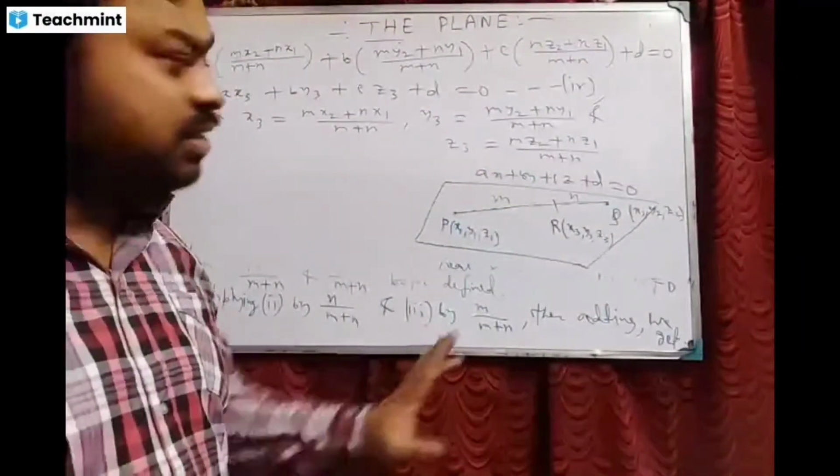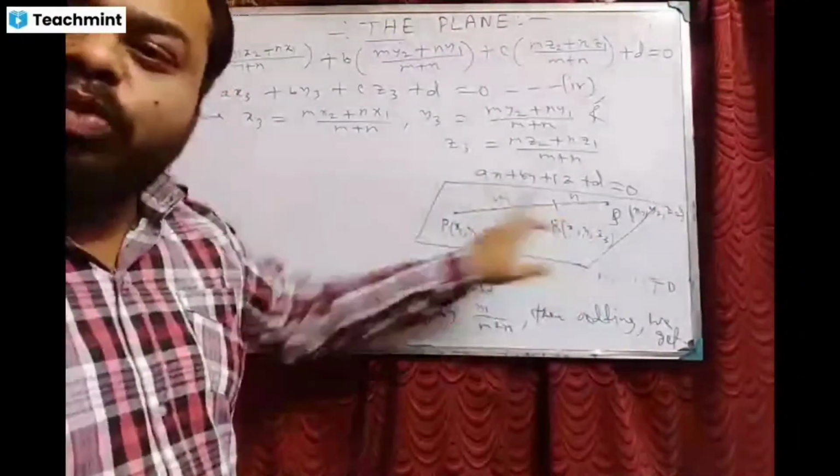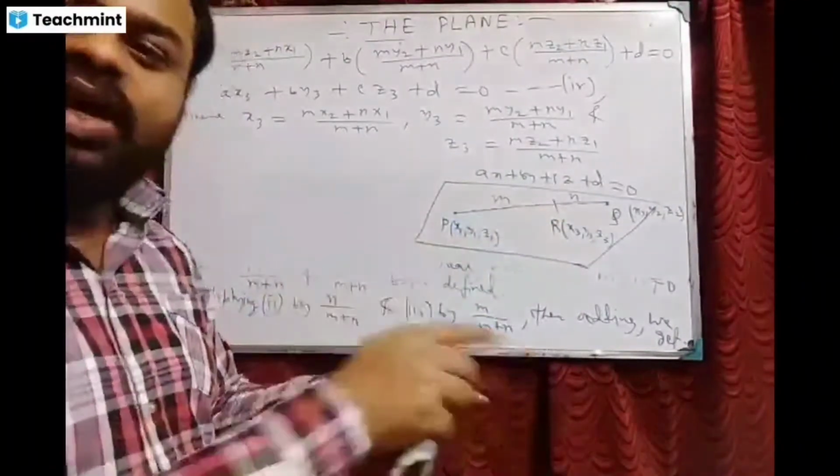That means the line joining these two points P and Q lies wholly on the surface.